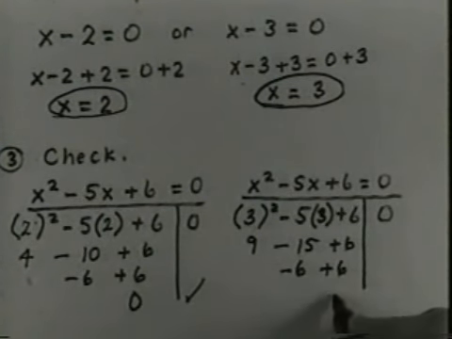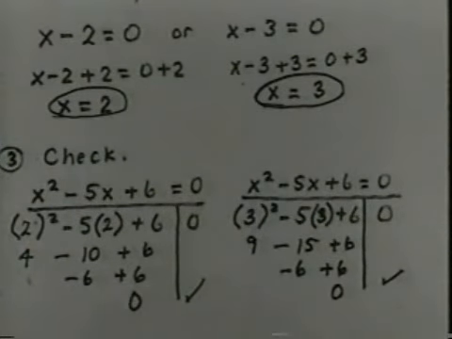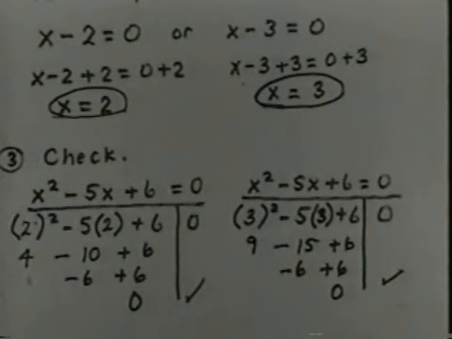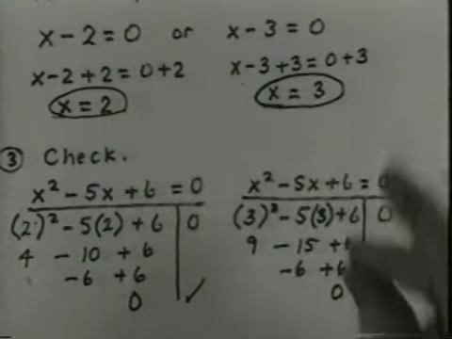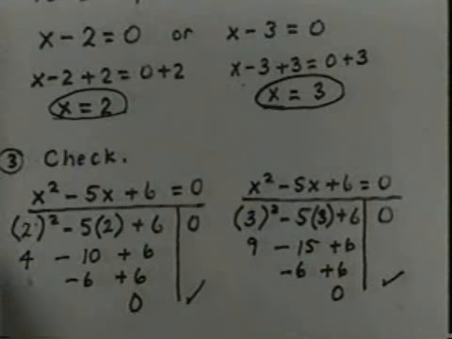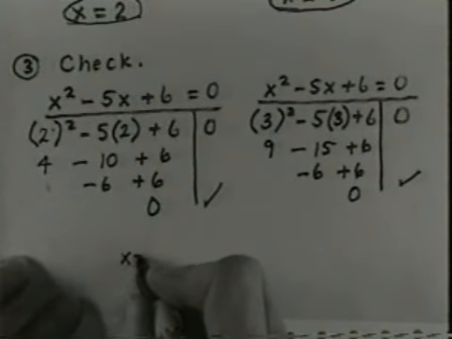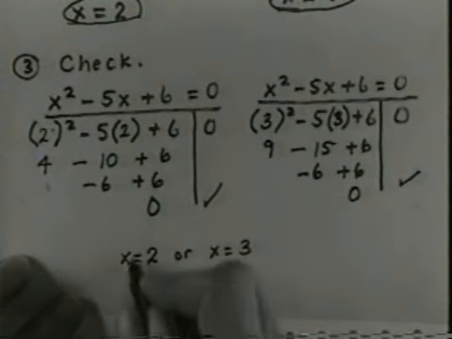Negative 6 add 6 is 0. 0 is the same as 0, so that one checks as well. Now this means that both of the answers are correct. And our solution will be x equals 2 or x equals 3.